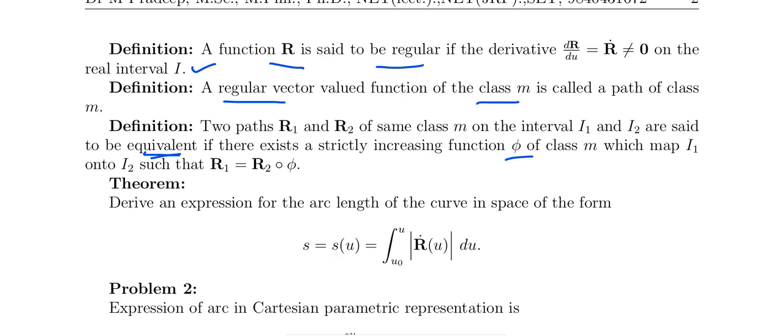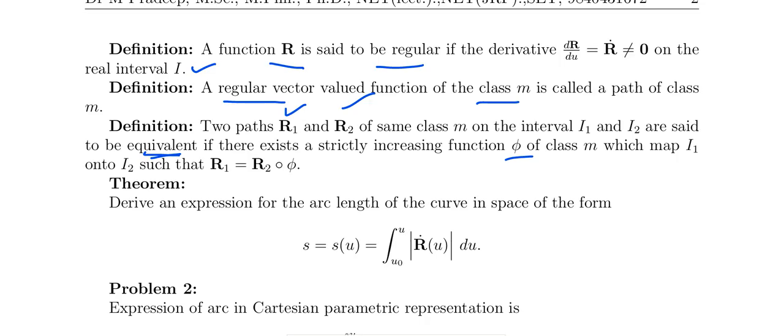So what is the set? The two paths of the same class m. What do you mean by the path? The regular vector valued function of the class m is called the path of class m. So two paths இங்க எடுத்துக்கிறோம், R1 R2 என்றது, of the same class m on the intervals I1 and I2. To say they are equivalent, there exists a strictly increasing function phi of the class m which maps I1 onto I2.